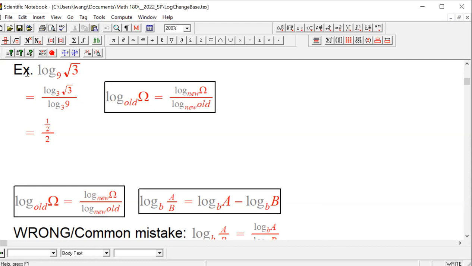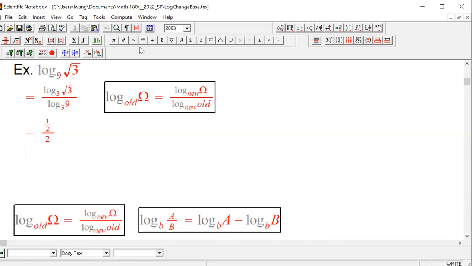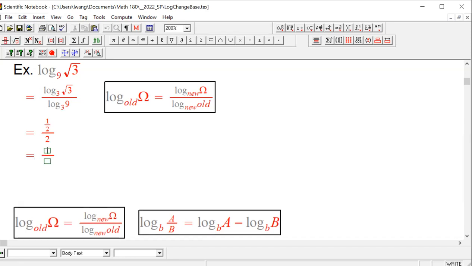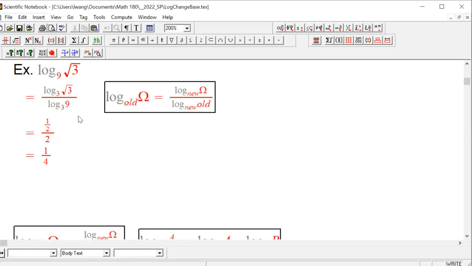So in the end, we get a quarter, half of half is a quarter. So that's change of base formula right there.